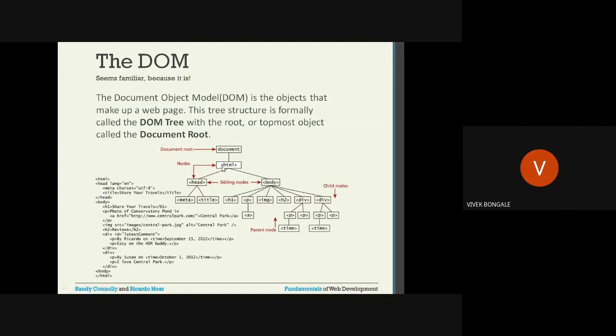Here in the DOM we say nodes: child node, sibling node. So in the DOM also we can call it a node. With the help of this node, we can access and retrieve the value.